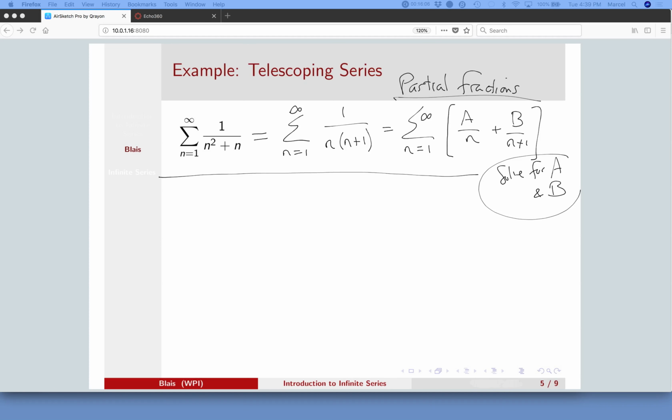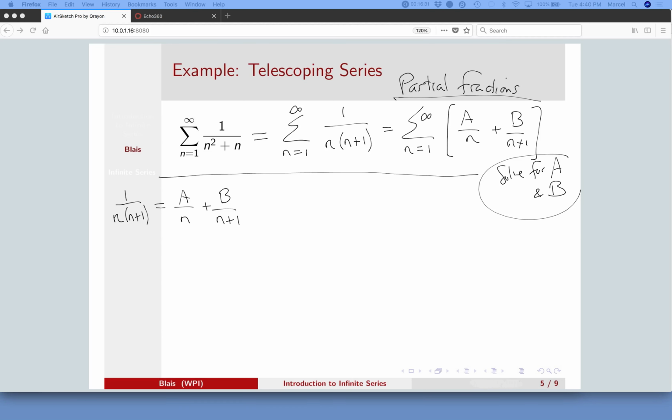So we have 1 over n times n plus 1 equals a over n plus b over n plus 1. And for the types of partial fractions problems that we'll deal with in this course, this approach will always work.